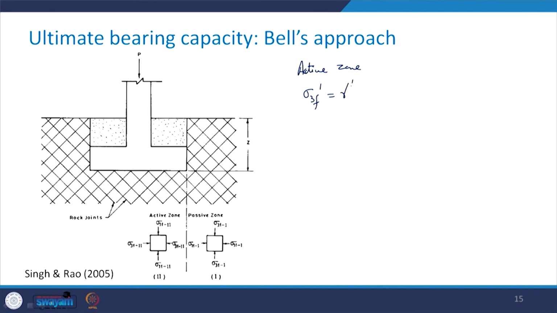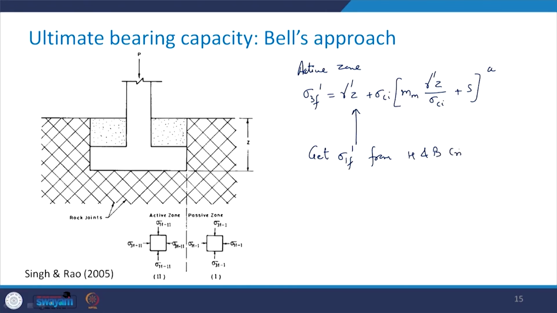So, that will be gamma prime z plus sigma Ci times (mb gamma prime z upon sigma Ci plus S) to the power A. Now, from here we can obtain the sigma 1f prime again using the Hoek and Brown criterion, and this is what is going to give us the Q ultimate or sigma U, that is the ultimate bearing capacity.